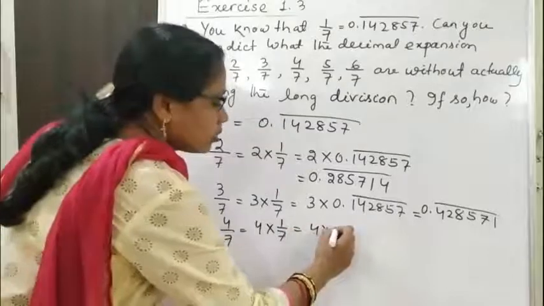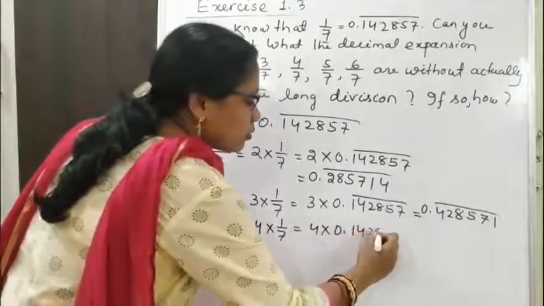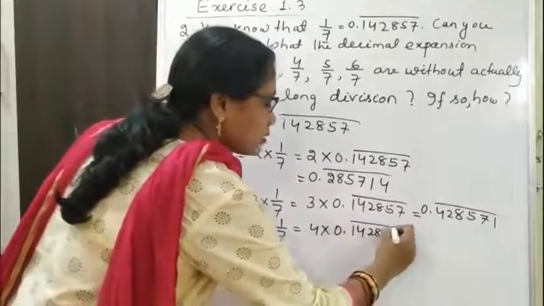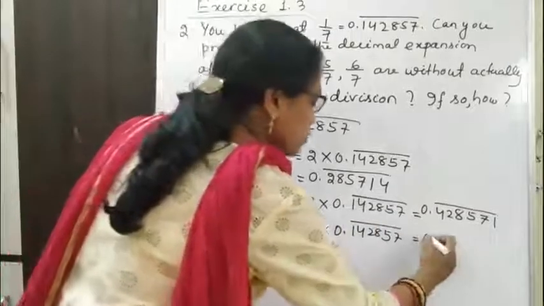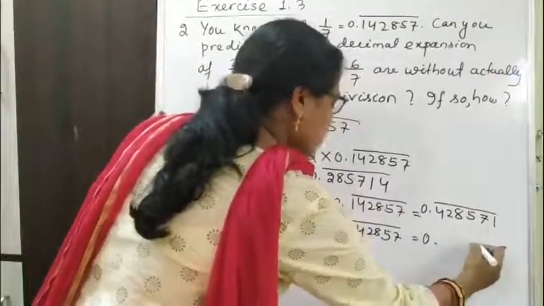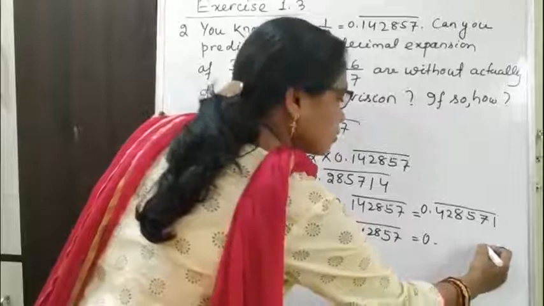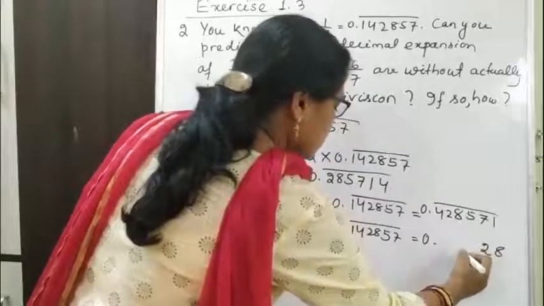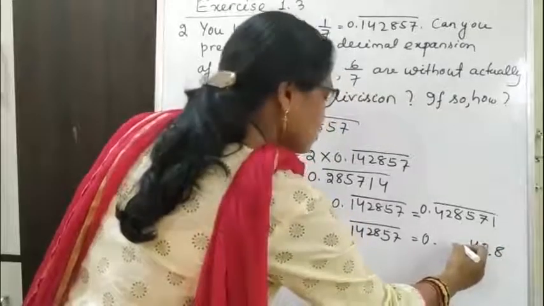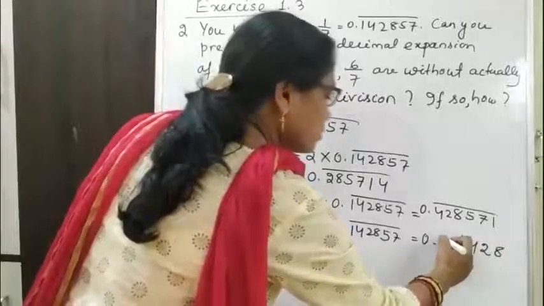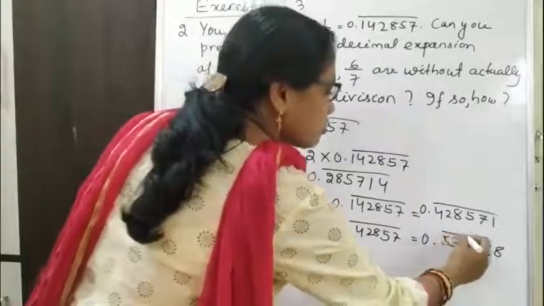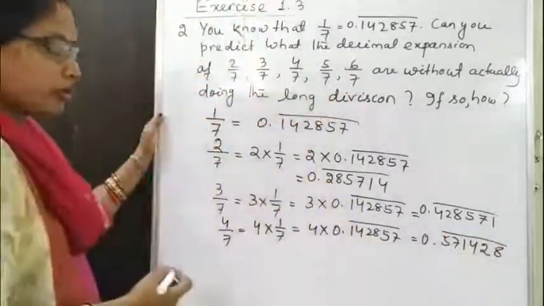Again, 4 by 7 is equal to 4 multiplied with 1 by 7. So 4 into 0.142857. So this is equal to 0.571428.